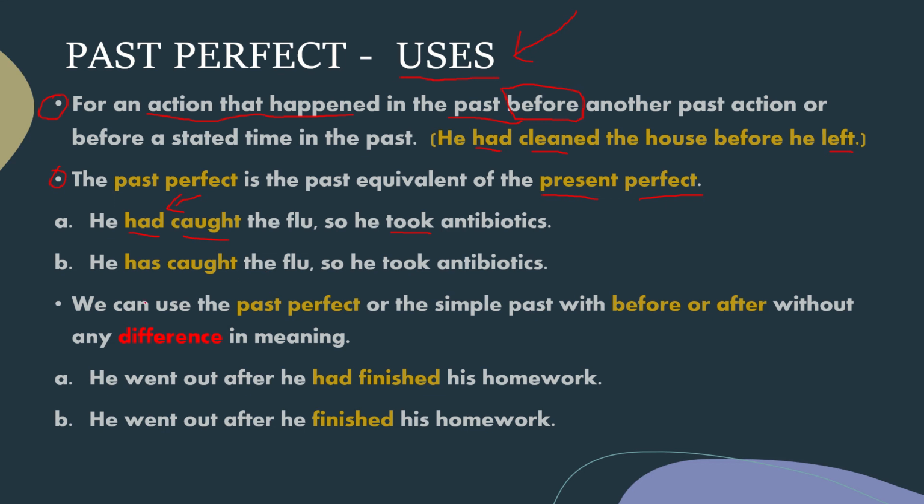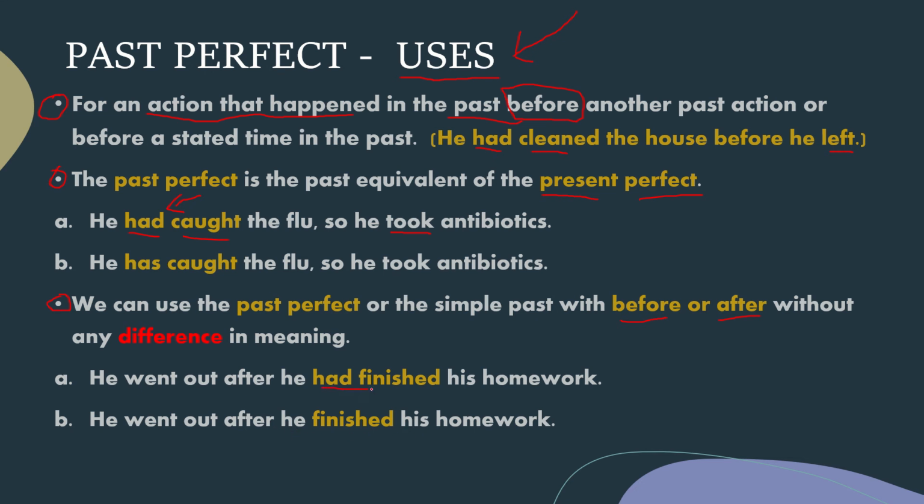Very good. The third point is that we can use the past perfect or the simple past with before or after without any difference in meaning. That means you can use one or the other. So: he went out after he had finished his homework. He went out after he finished his homework.